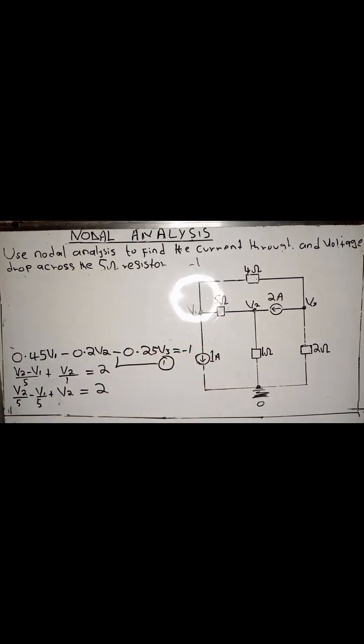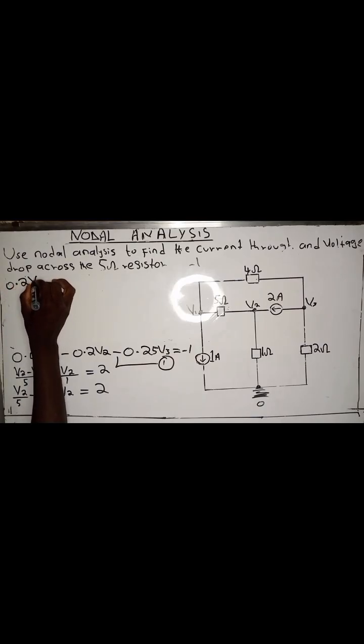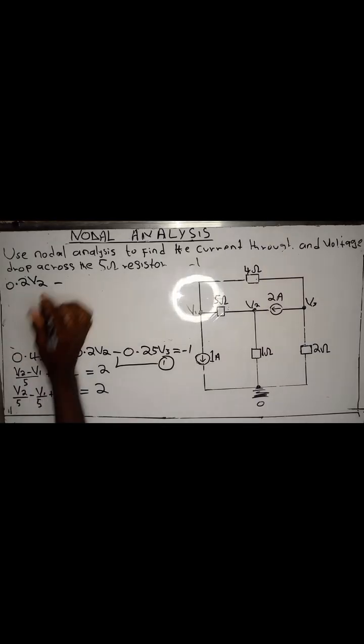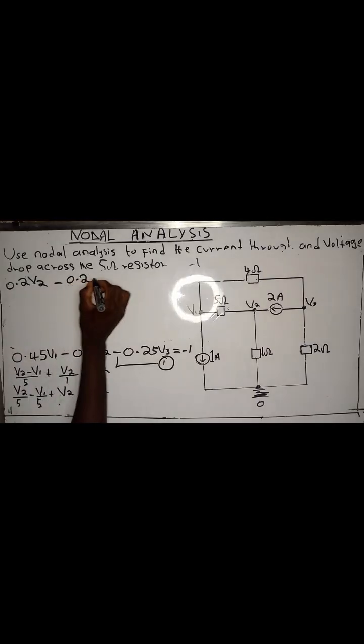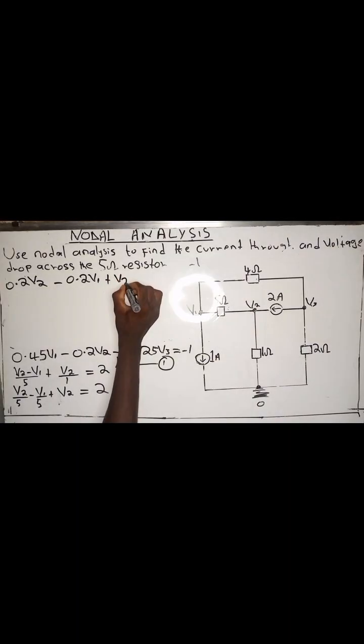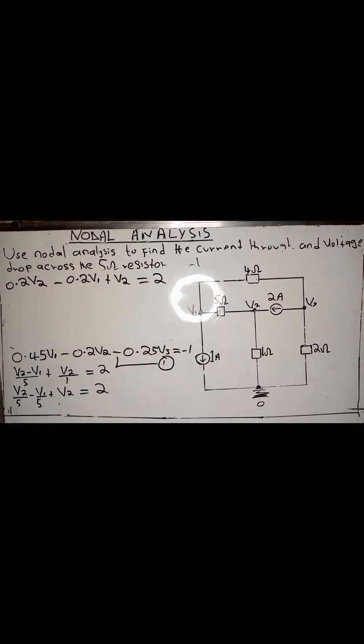So 1 over 5 is 0.2. V2 minus 0.2 V1 plus the value of V2, which equals 2.